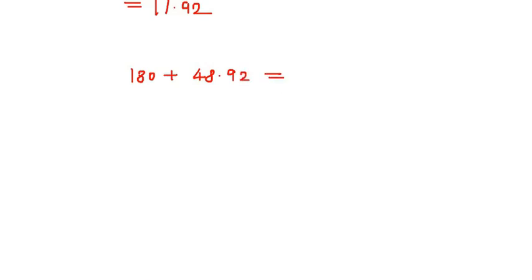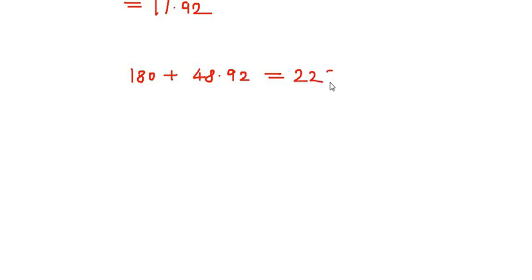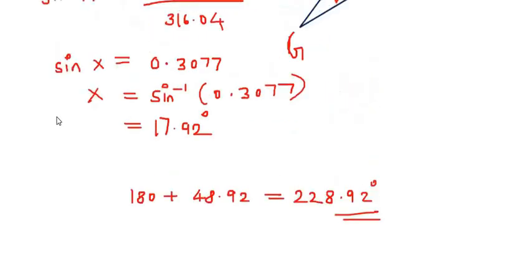So we get the total angle or the bearing angle as 228.92 degrees. This is what we get for part B.